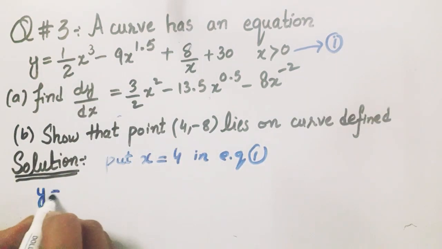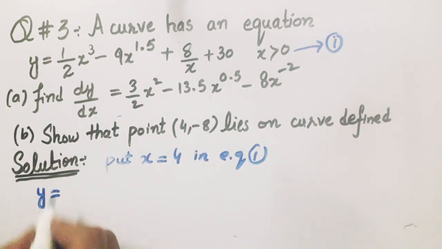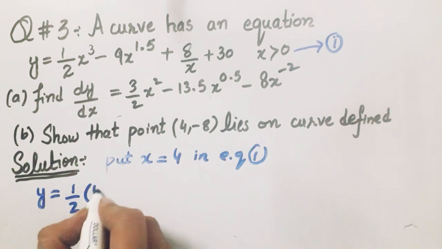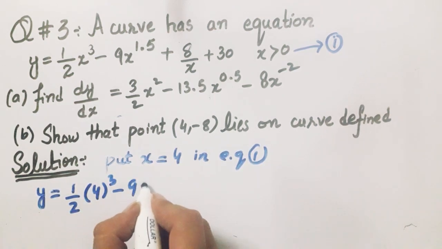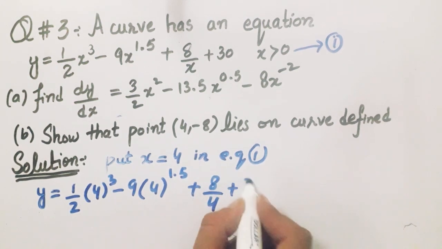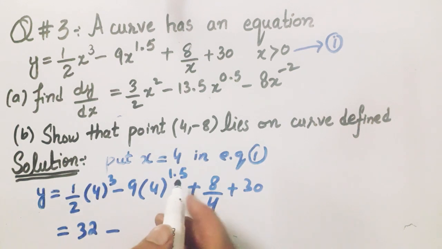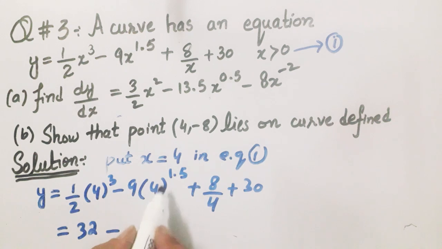So y will be equal to, if y is minus 8 then we can say that this point lies on the curve. So 1 by 2, 4 cube, minus 9, x is 4 power 1.5, plus 8 by 4, plus 30. Now 4 cube is 64. So 64 by 2 is 32, minus 4 raised to power 1.5 means we will multiply this 3 times, so it will become 8, and then multiply 8 by 9, this is equal to 72.